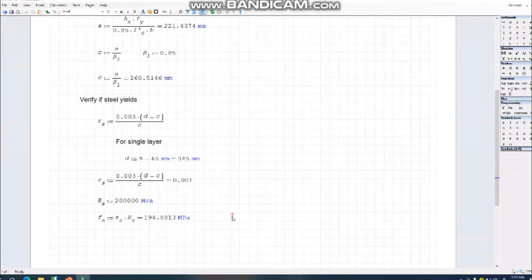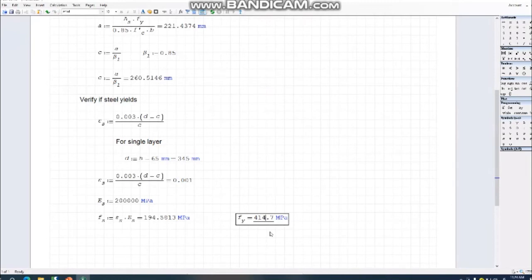But compare it to our Fy. Our Fy is 414.758. Before our steel yields, it should reach this 414.758.